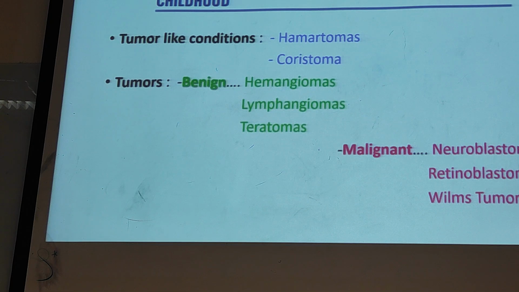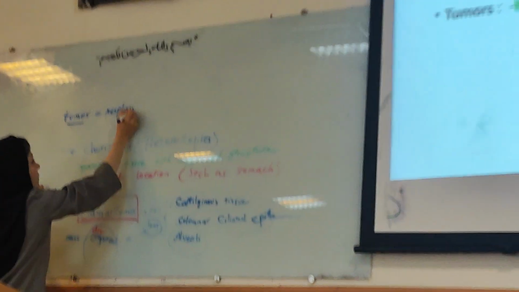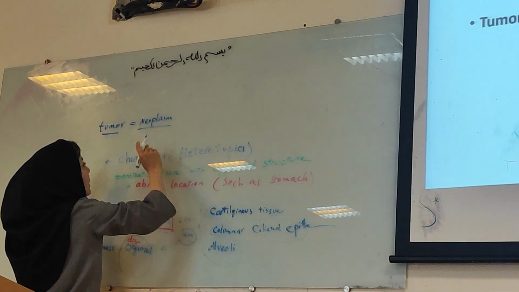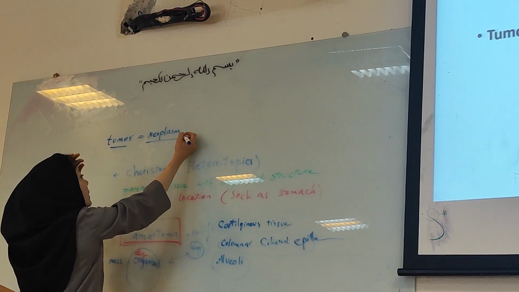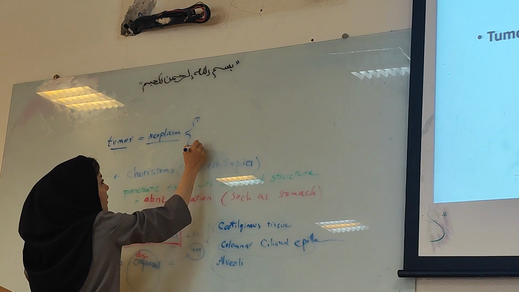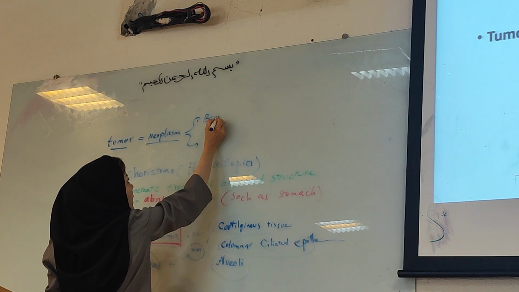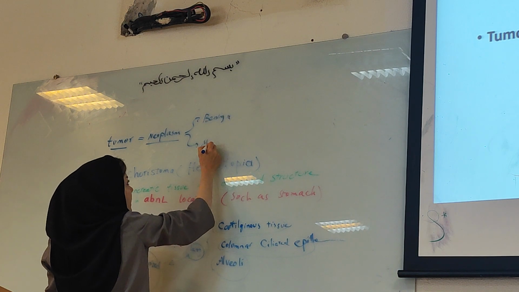So we can use the term neoplasm and go with tumor. They are subcategorized to benign and malignant.